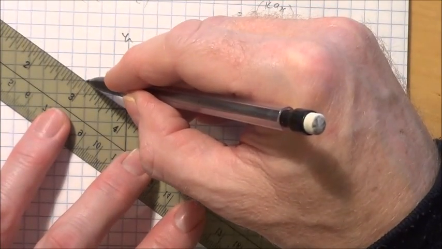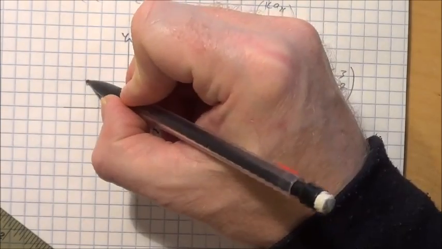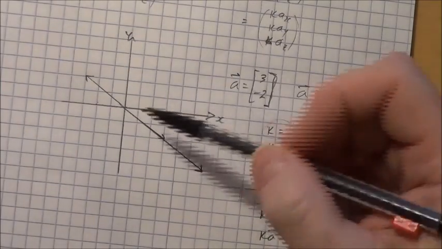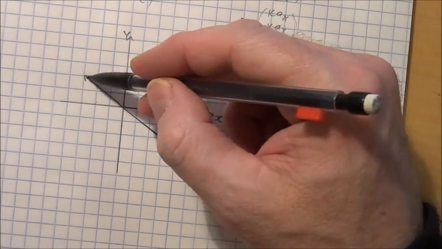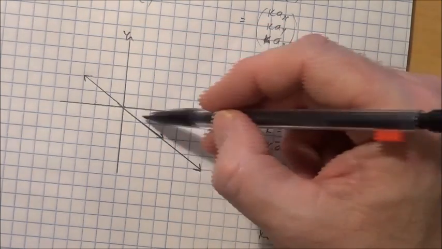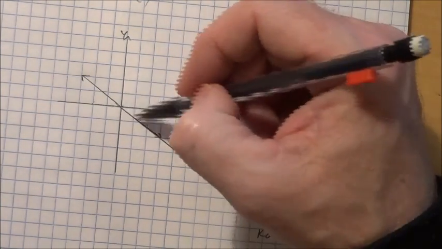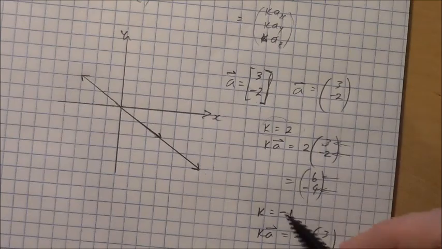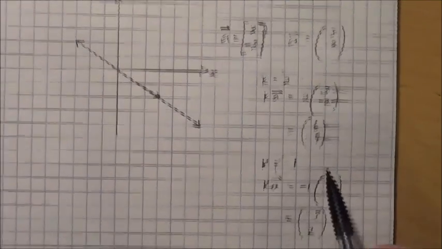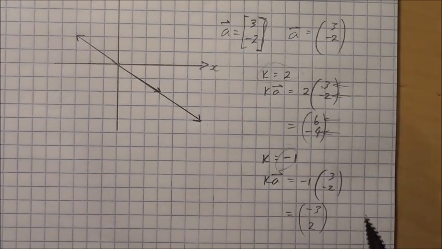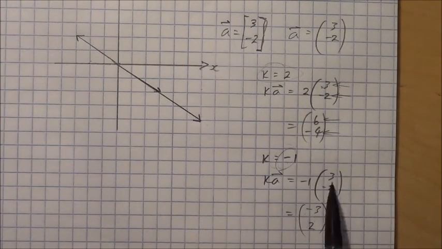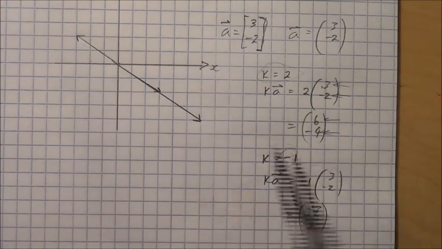So this vector would be like this. Notice in this case, the vector is still the same magnitude as the original vector, except that now it's been turned around in the opposite direction. So that's what multiplying by a negative does. As we've mentioned before in class, that negative just turns the vector around, which it has in this case.